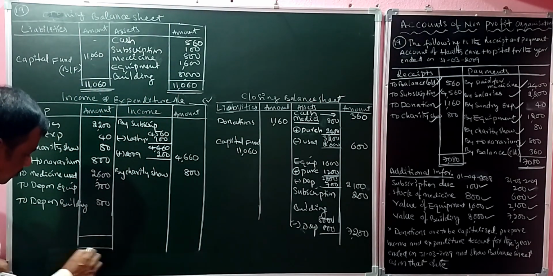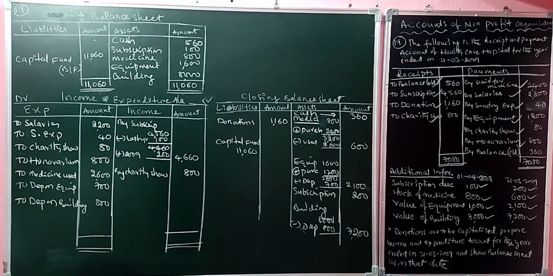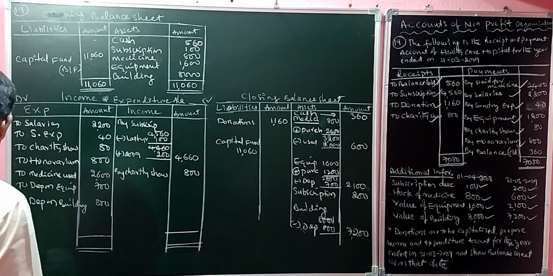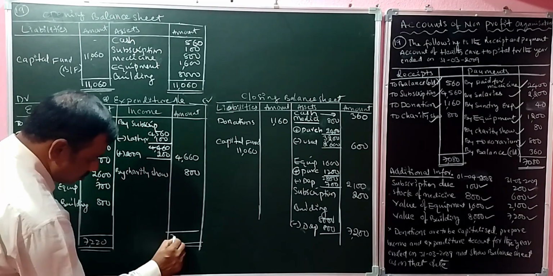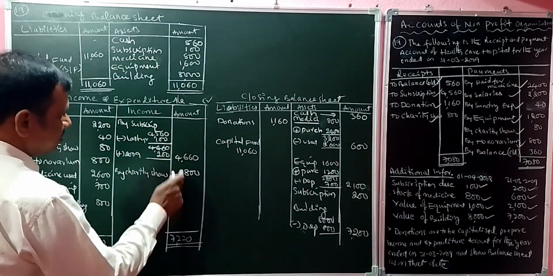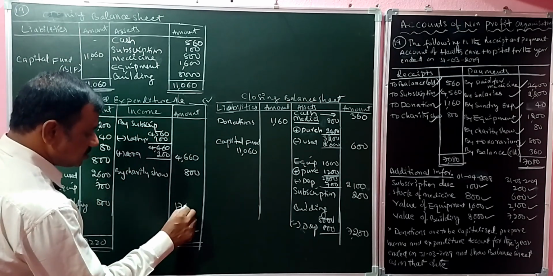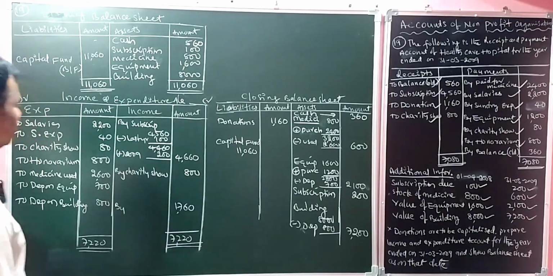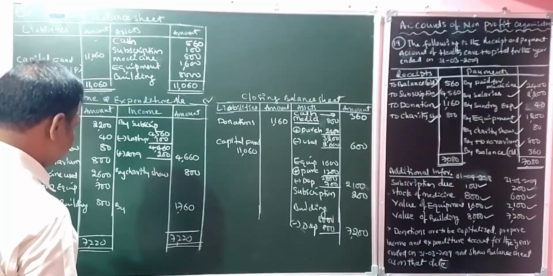Next, close income and expenditure account. Here the income and expenditure account is showing a debit balance. So total of debit 7,220. Same value 7,220 credit side. So from this, deduct these two values. Then we get a balancing figure, that is 1760. It is called deficit. So expenses are more, income is less, then we get a balancing figure, that is deficit.